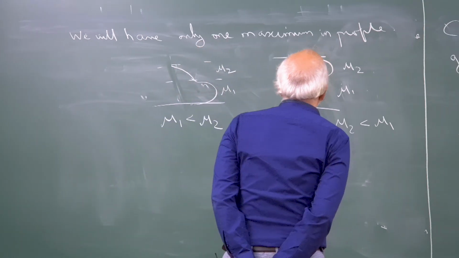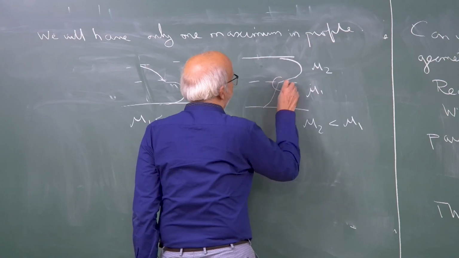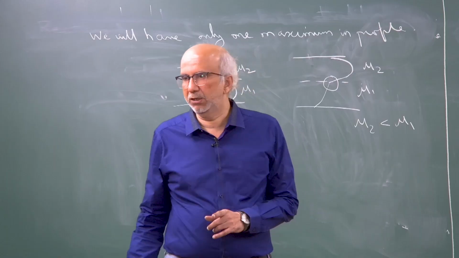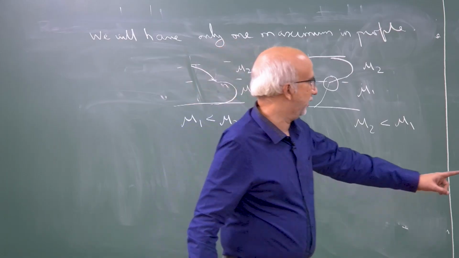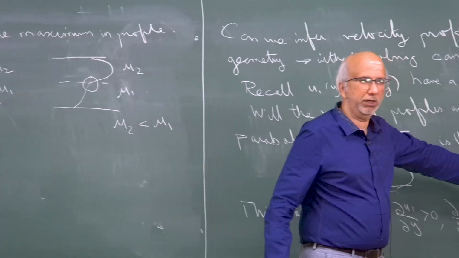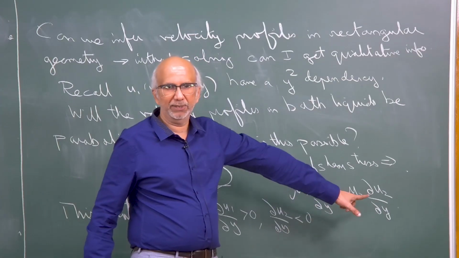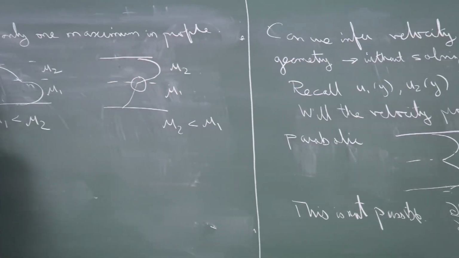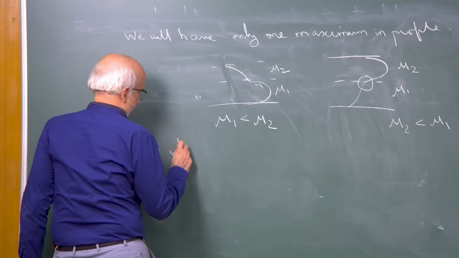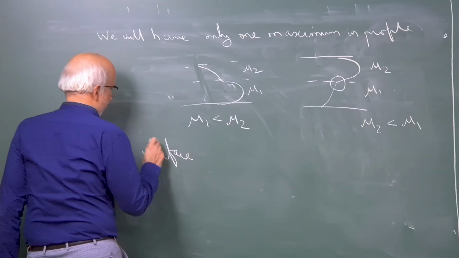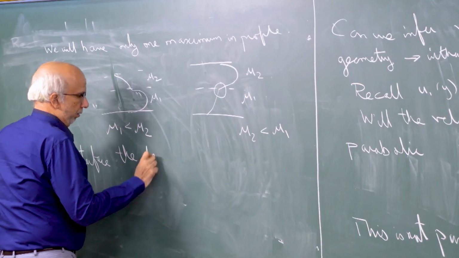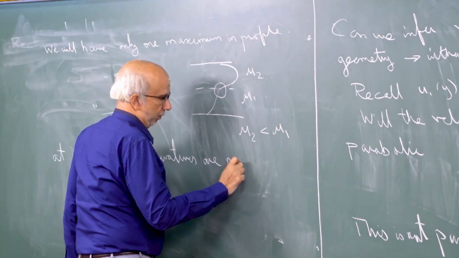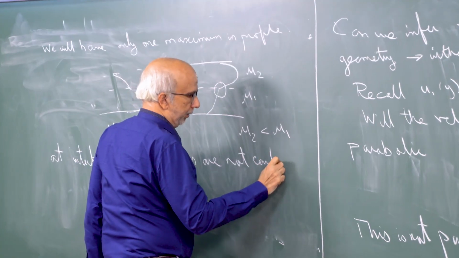The other important point which I want to make here is, at this point, the velocities are continuous, but the derivatives are not continuous. The derivatives are not continuous because du1 by dy is not equal to du2 by dy. It is mu1 multiplied by that which is continuous. Okay. So at these 2 points at the interface, the derivatives are not continuous.